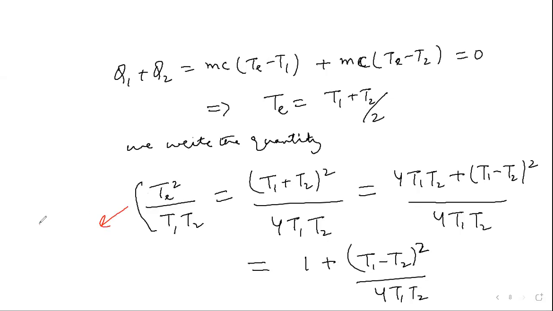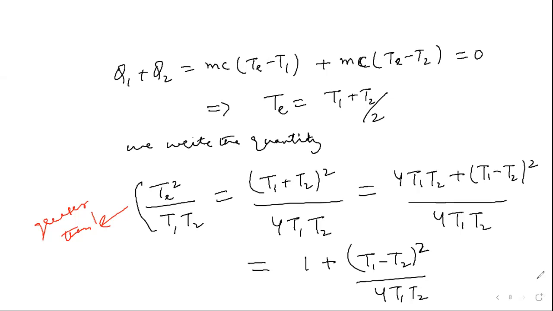It is greater than 1. So when it is greater than 1, that means total entropy change is always positive, because the logarithm of a quantity greater than 1 is greater than 0, and the entropy change is positive.